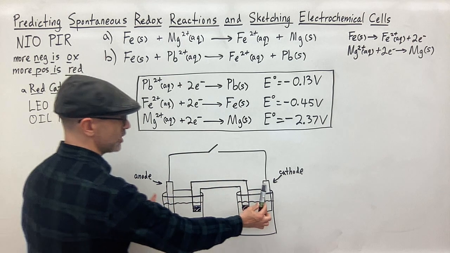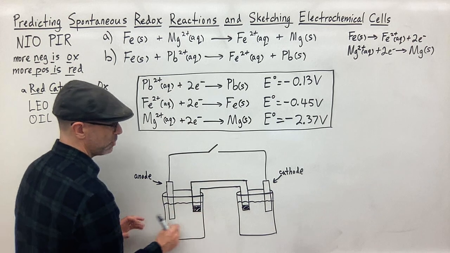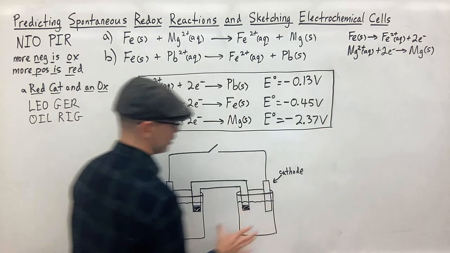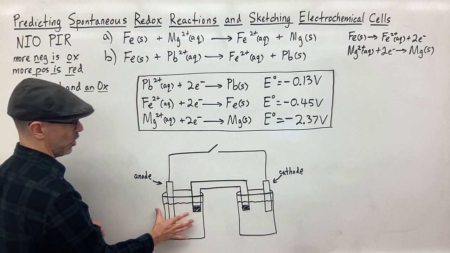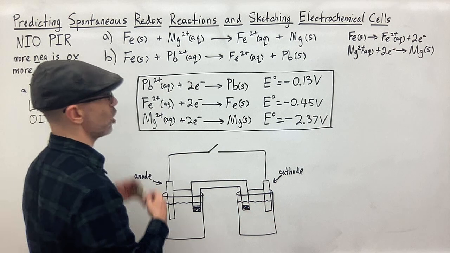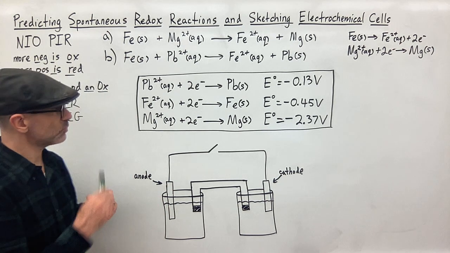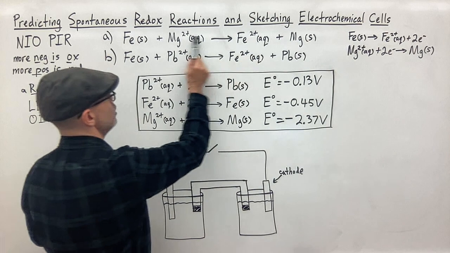So we're trying to figure out which side is going to repel and give away. Each of these beakers here represents a half reaction. Which one of these half reactions is going to happen at the cathode? Which one at the anode? Okay, so now that we've got that figured out, we look here. This is the way that it's written here.